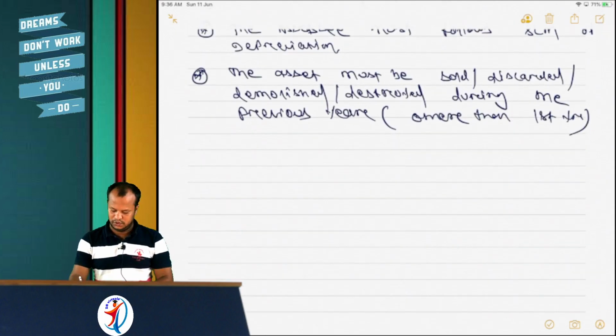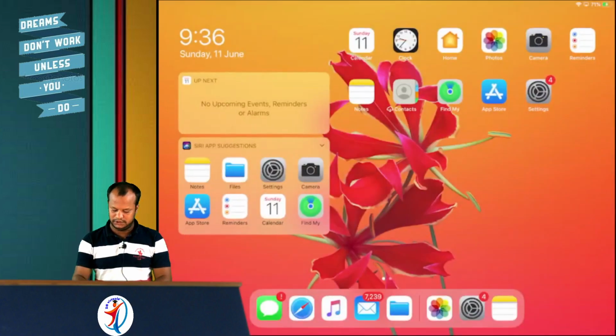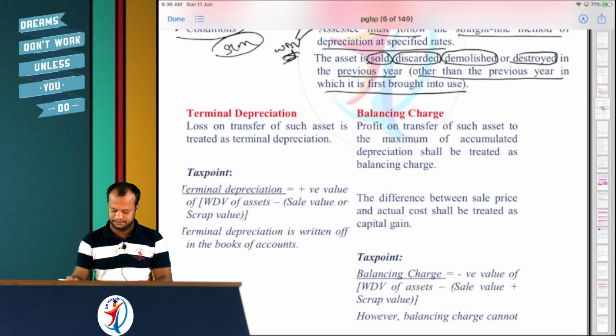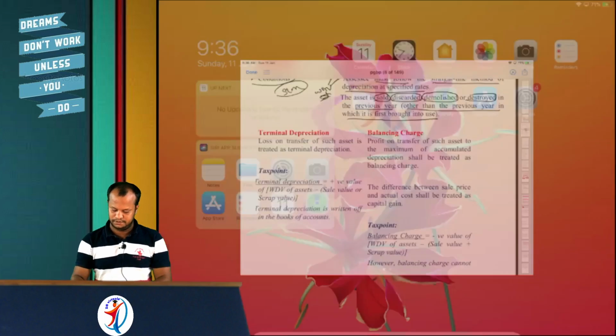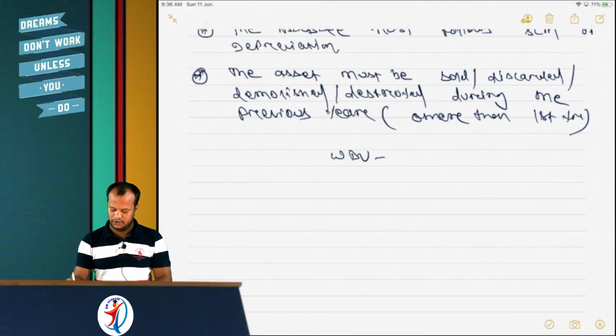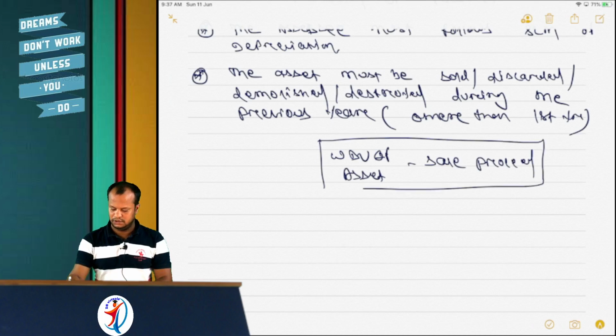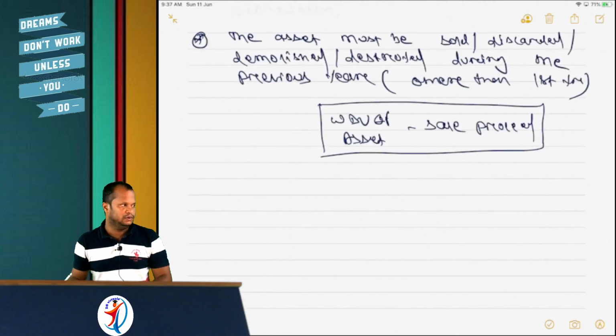So apply this formula: WDV of asset minus sale proceed.